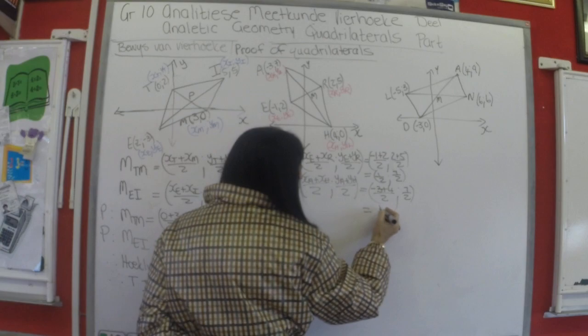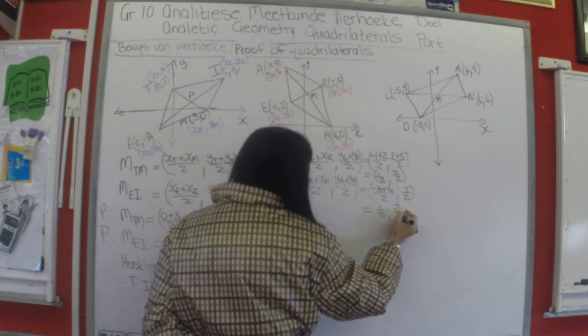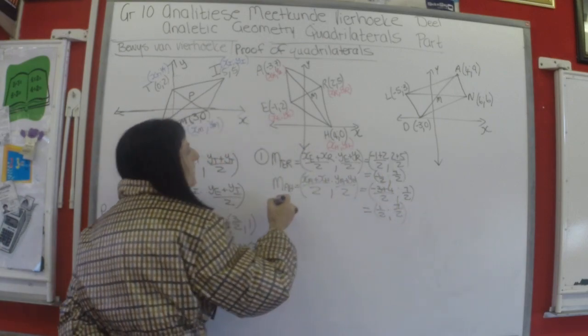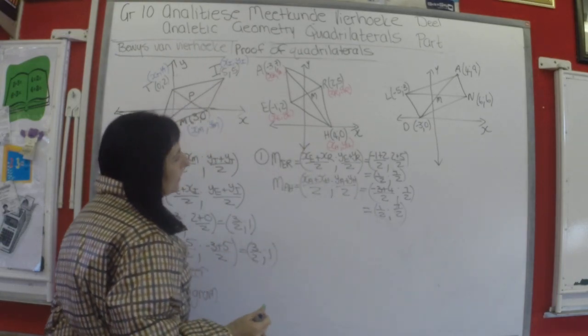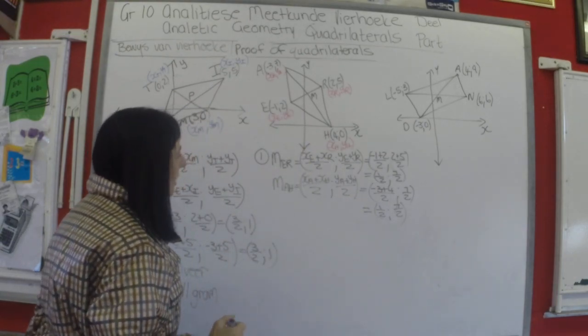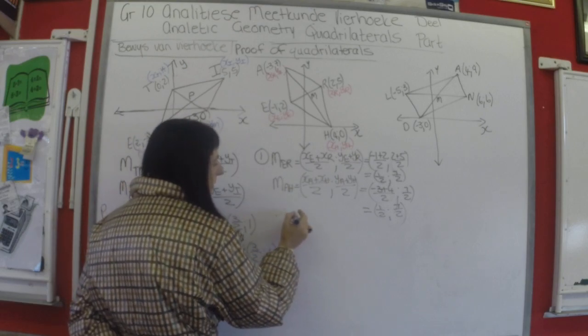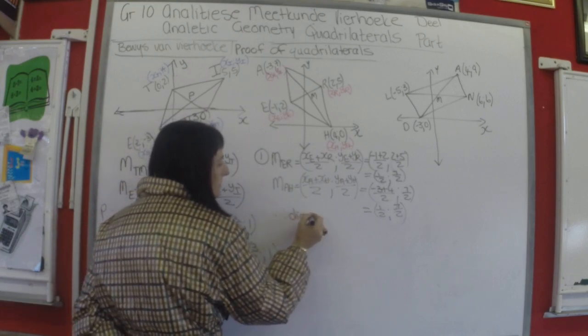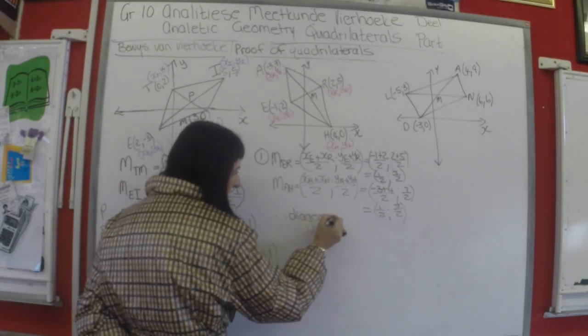En dit gee vir my 'n half en 7 op 2. So I've proven that M is the midpoint of both the diagonals. So die hoeklyne halveer mekaar. Therefore, diagonals halve. Dis die eerste ding wat ek doen.